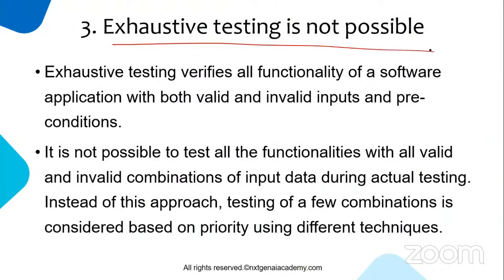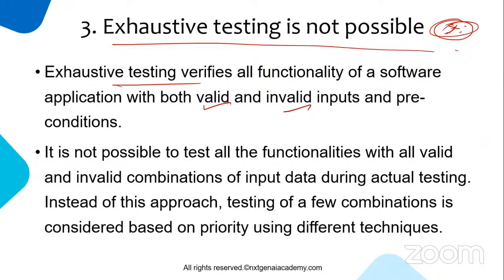Exhaustive testing is not possible. Very important. To be frank, this is about how you use your common sense. Exhaustive testing means you're going to test a functionality of a software. You have to give some positive values, some negative values, nothing but valid inputs and invalid inputs, to check whether it is working properly or not.